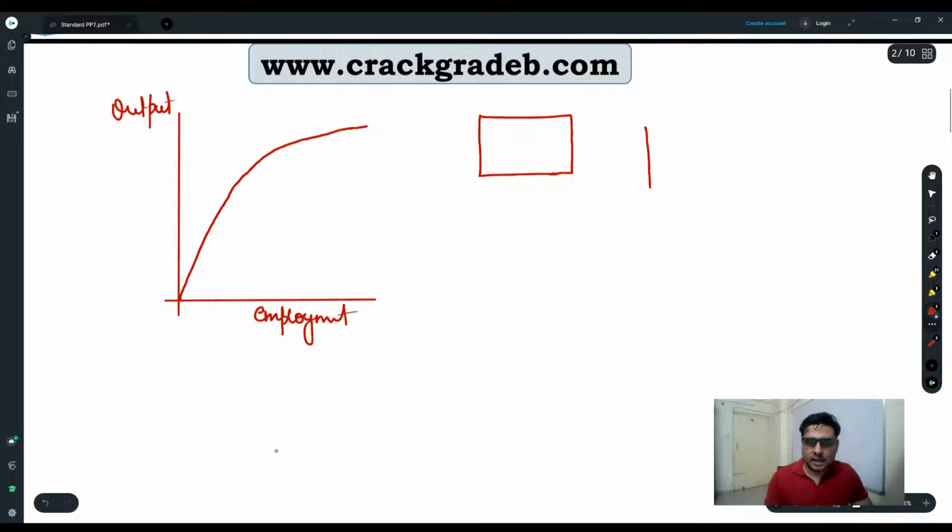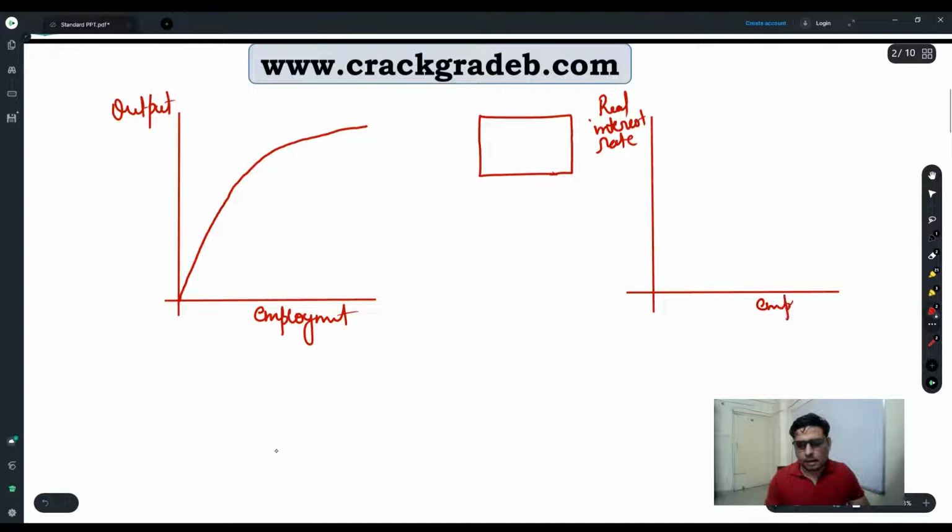So in the last class I told you about the real interest rate and employment, right? If the real interest rate increases, more and more people will be interested in going for employment.